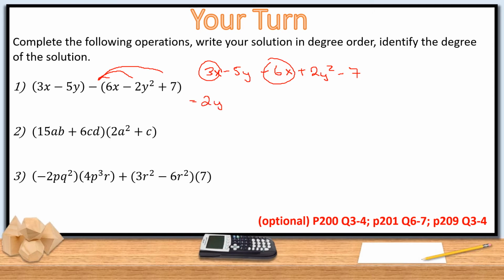So 2y squared. Degree of 1 would be our x's and our y's. So it doesn't really matter which one we put first. I'm just going to put the minus 5y in there. 3x minus 6x is minus 3x. And then we've got minus 7 with a degree of 0 goes at the end. Total degree, highest one is 2. So this has a degree of 2.